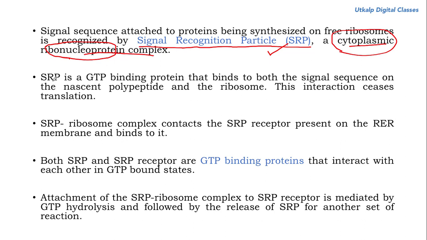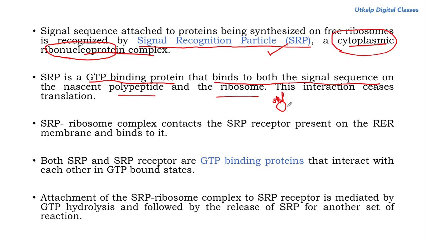The SRP, that is the signal recognition particle, is a GTP binding protein. So it binds GTP and it binds to both the signal sequence on the nascent polypeptide and the ribosome. So suppose this is your SRP. Don't mind my handwriting.